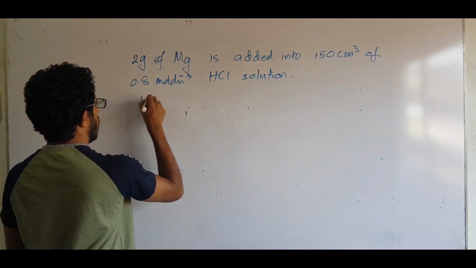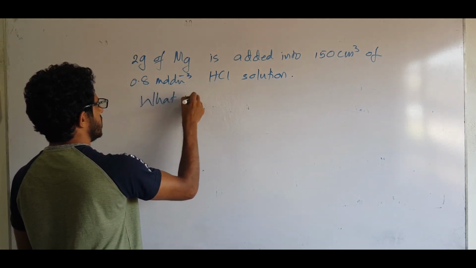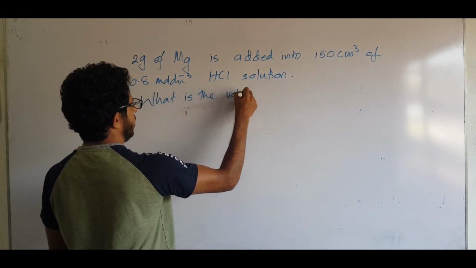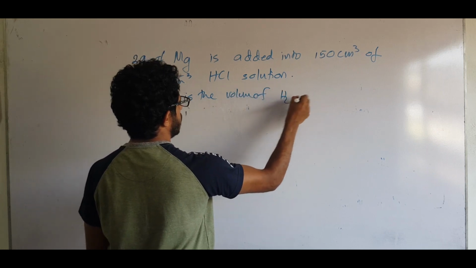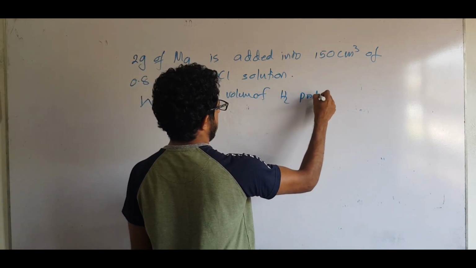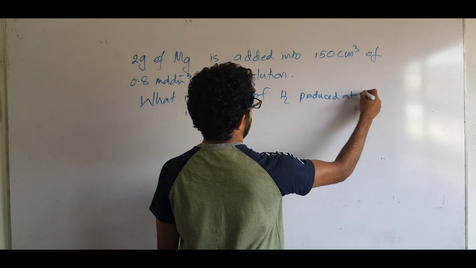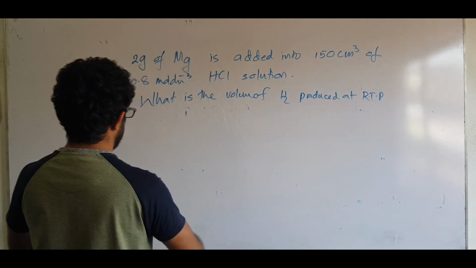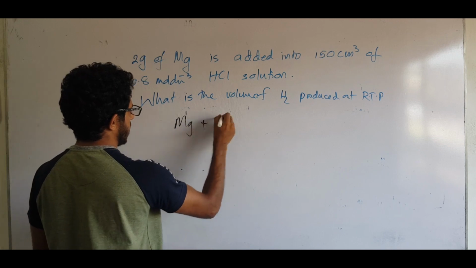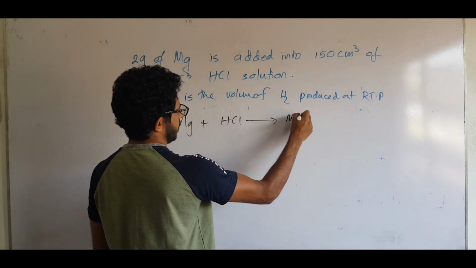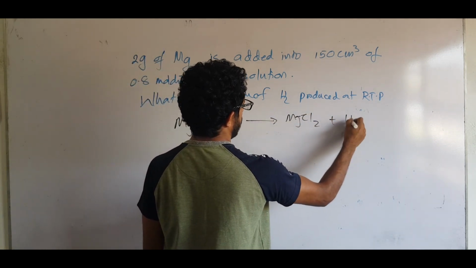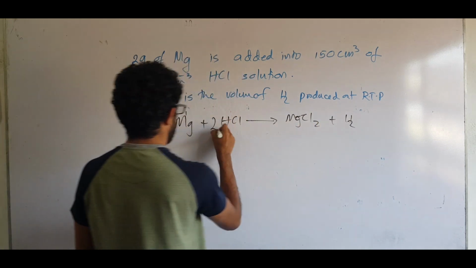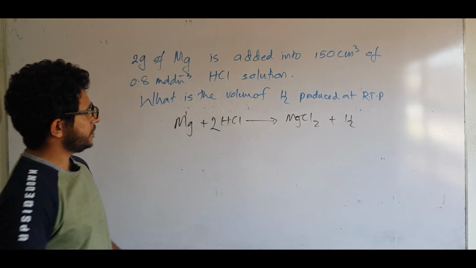The question is, what is the volume of hydrogen produced at room temperature and pressure? The reaction is this: magnesium reacts with HCl to produce magnesium chloride and hydrogen. So, this is the chemical reaction.